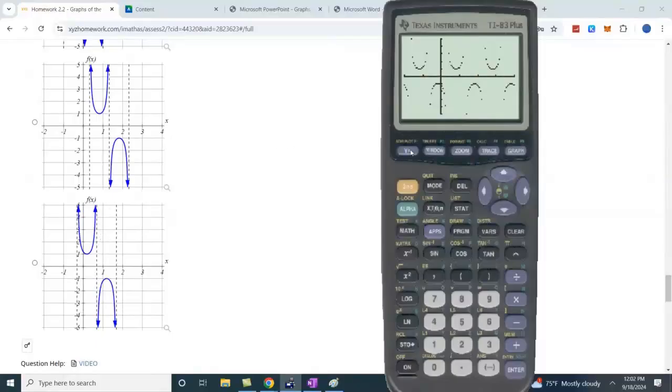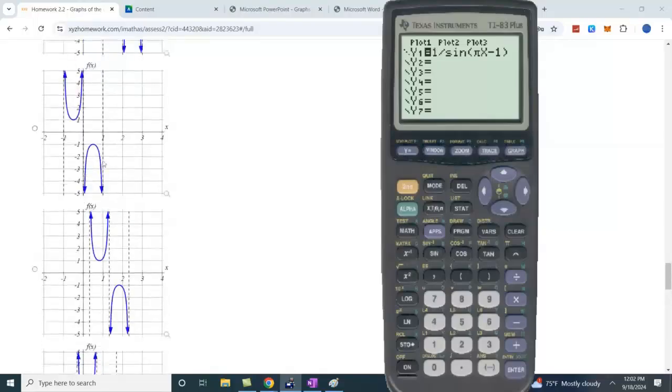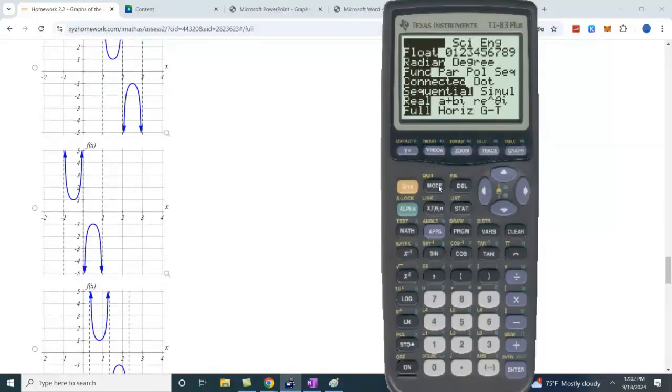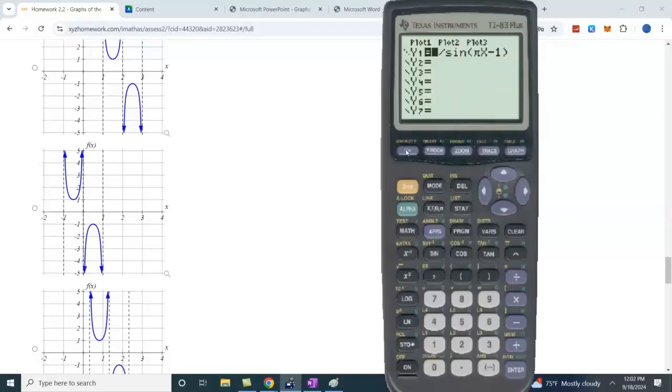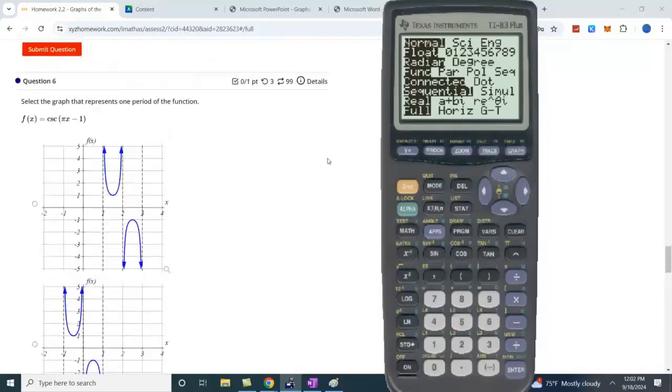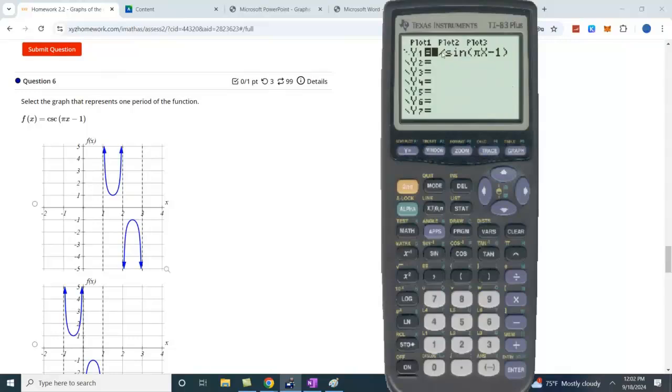And I'm actually not seeing the right answer choice. Let me check. I'm in radian mode, okay, because I am using radian measure. 1 divided by the sine of pi x minus 1. That's the right function.